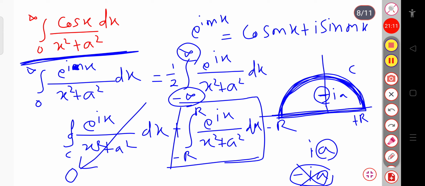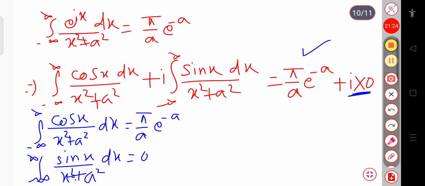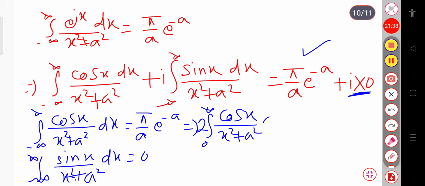But here I have integrated from minus infinity to plus infinity. So if I multiply half in this term, I will get from 0 to infinity. So this will be twice of the integral from 0 to infinity cosine x divided by x square plus a square dx, that will be equal to pi by a times exponential minus a.